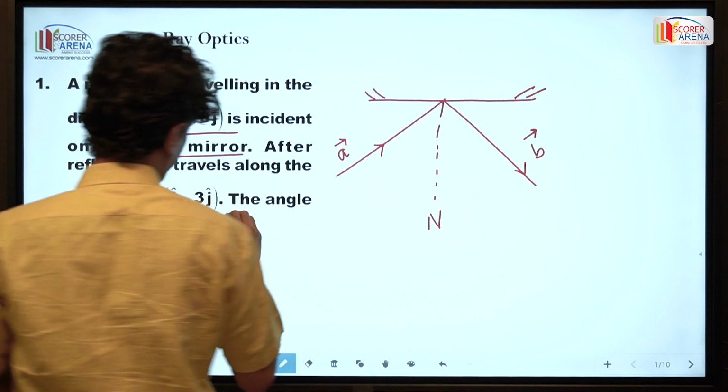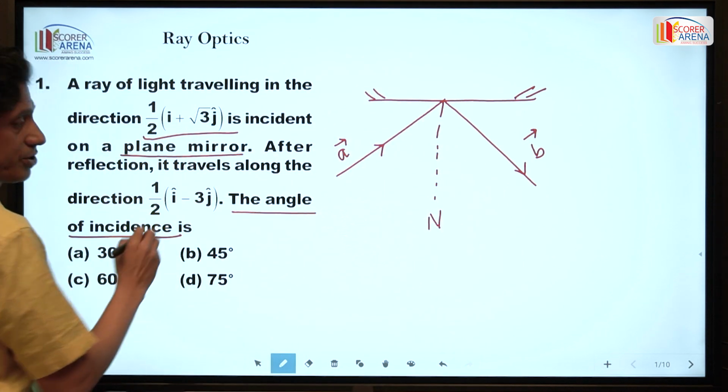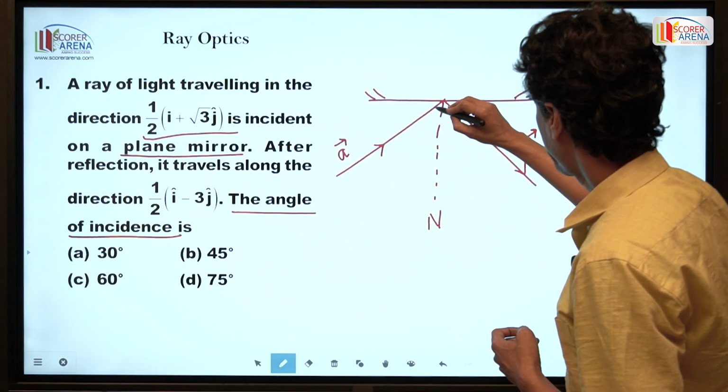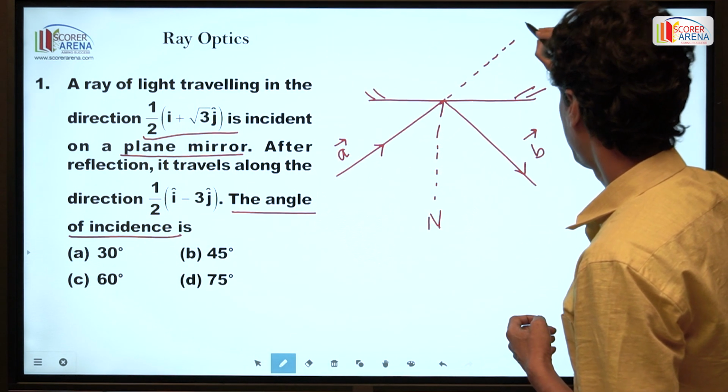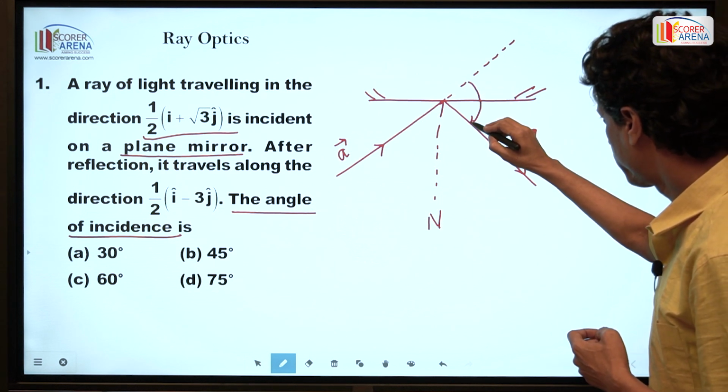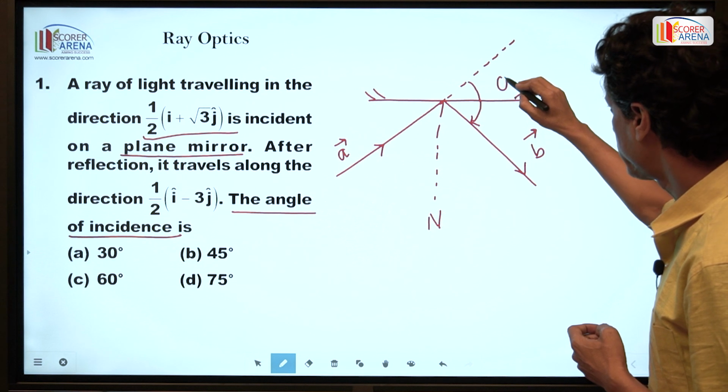The angle of incidence is, so here this is the direction of light and deviates by an angle, let us say it is theta.